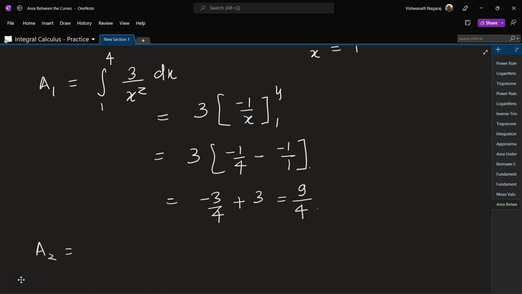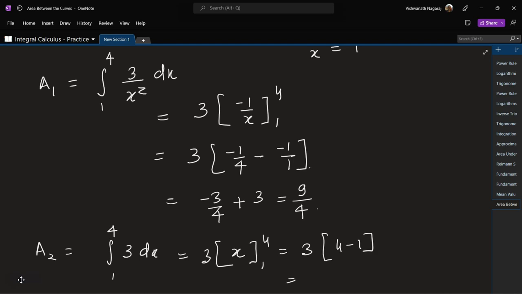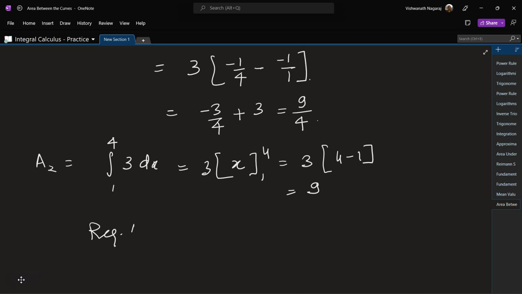The second area under the curve is going to be the integral 1 to 4 of 3 dx, which is equal to 3 times x from 1 to 4, which gives us 3 times 4 minus 1, which gives us 3 times 3 is 9. Okay, so the required area would be what?